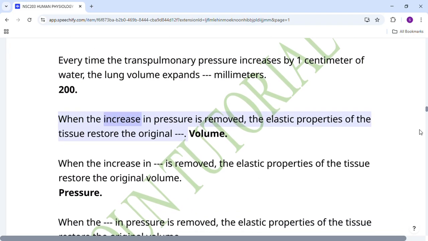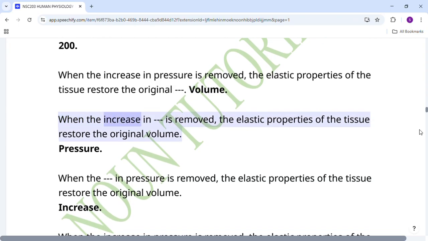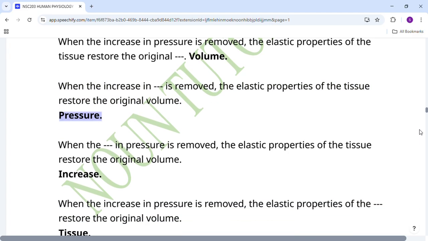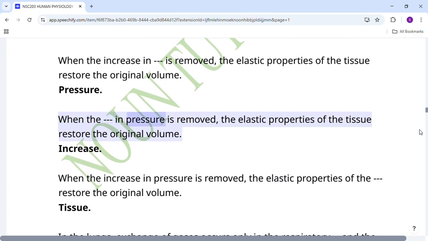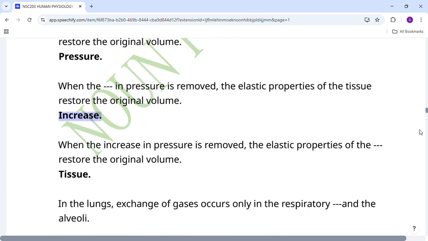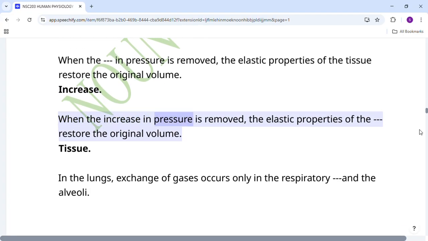When the increase in pressure is removed, the elastic properties of the tissue restore the original volume.